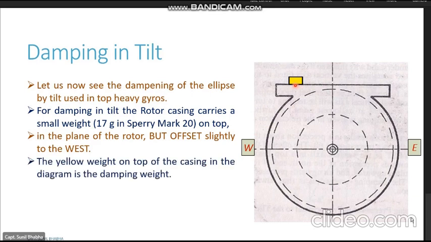So this yellow weight which you see on top of the casing, slightly offset to the west, weighing 17 grams, is the weight which we use for generating the damping precession, for damping this in tilt.